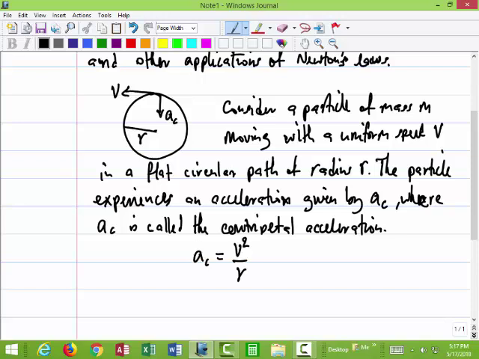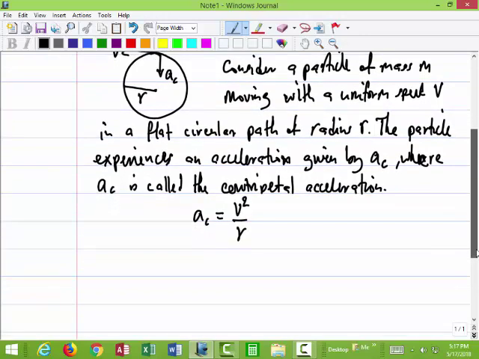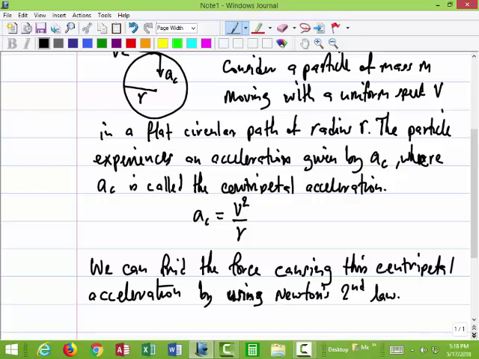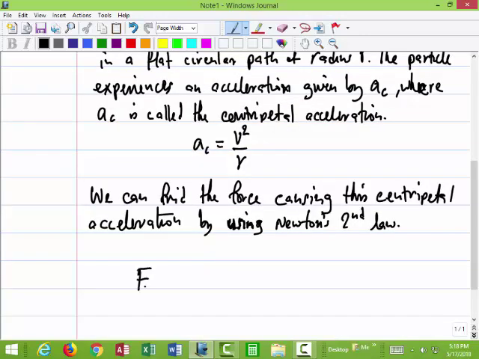We can apply Newton's second law to this motion to find the force causing this object to accelerate. Newton's second law tells us that the net force is equal to m times a, and so the centripetal force, which is the only force present, is equal to the mass times the centripetal acceleration, which we can write as mv squared over r.